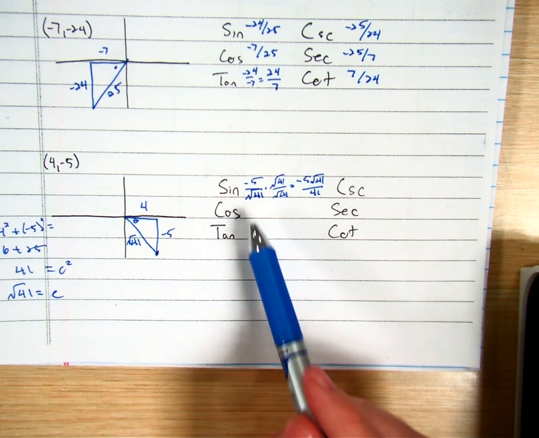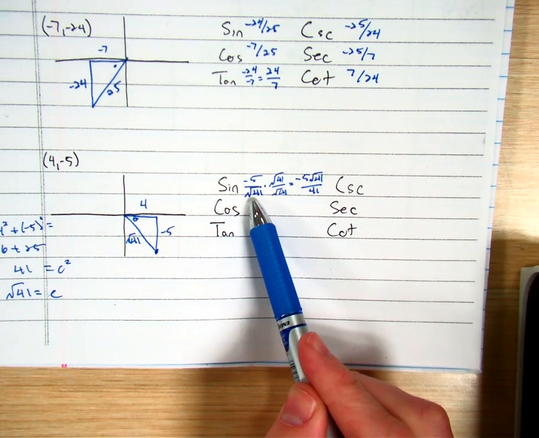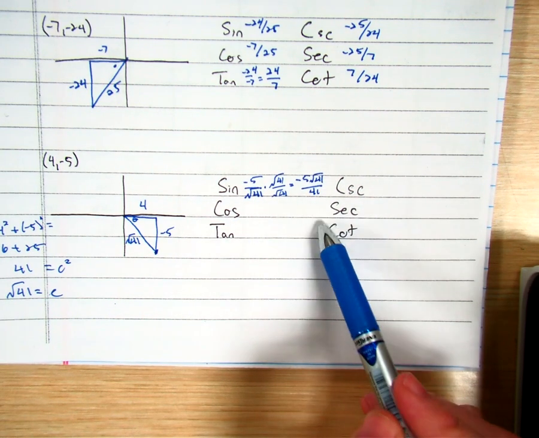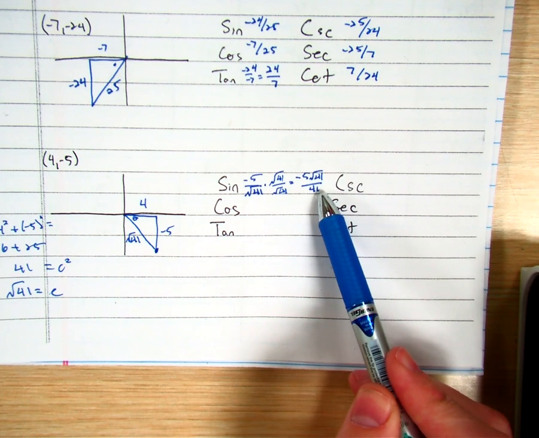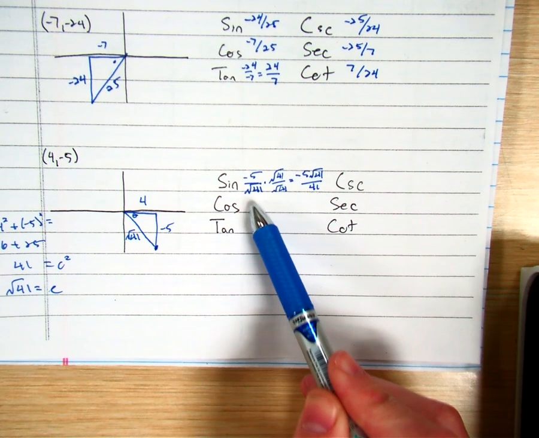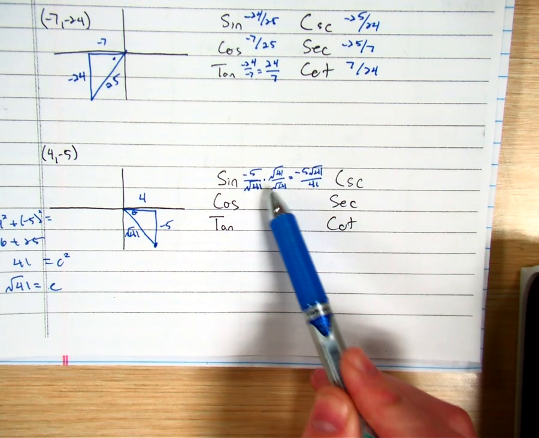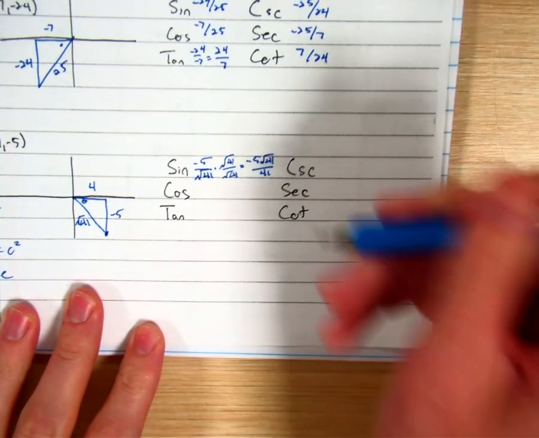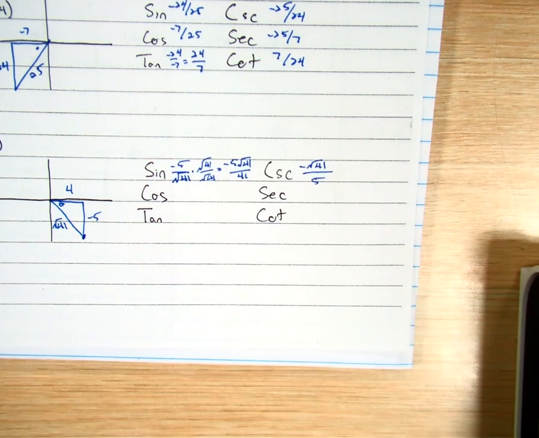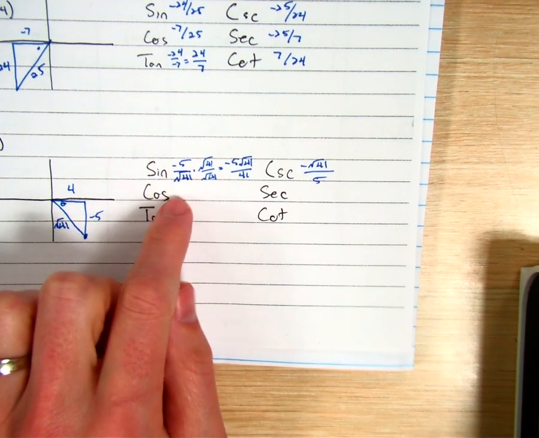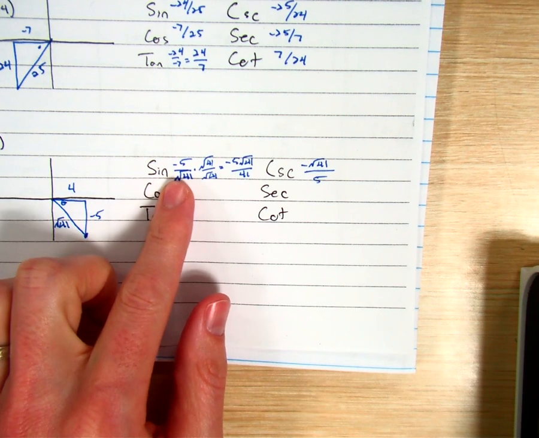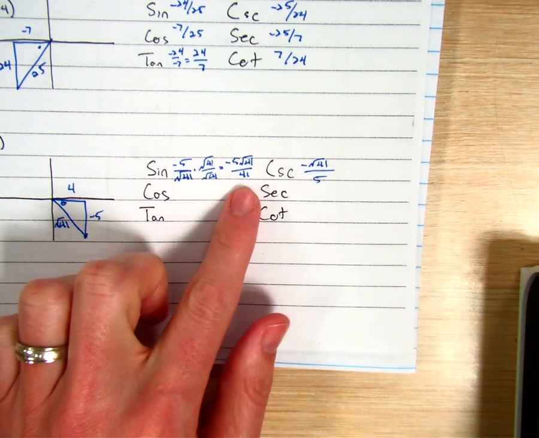I still like having this first one written down somewhere, because especially when you're doing all 6, when I go to flip this it would be a mess, and I'd have to do it all over again. If I can look back to the original, when I go to flip it, boom, this is pretty easy. Negative radical 41 over 5. Much easier to flip from that one that wasn't the final answer, but it's easier to flip this one than it is to flip this one.